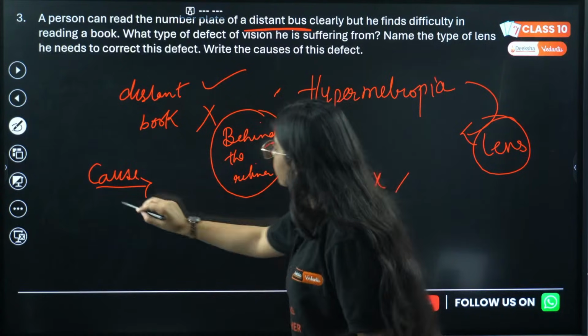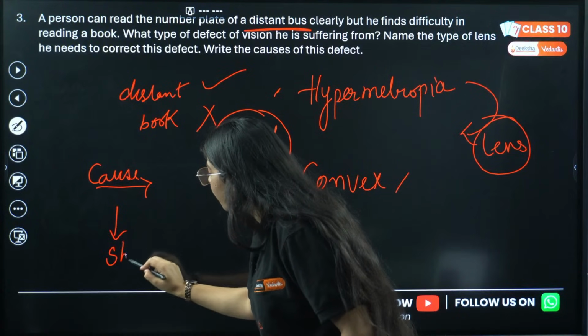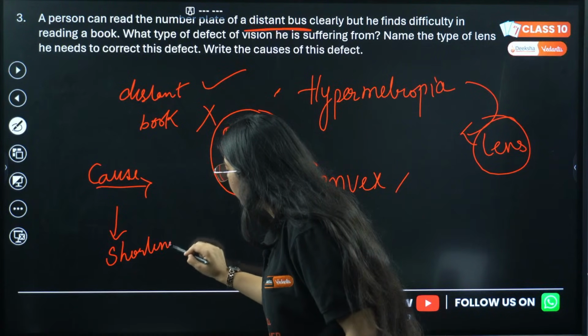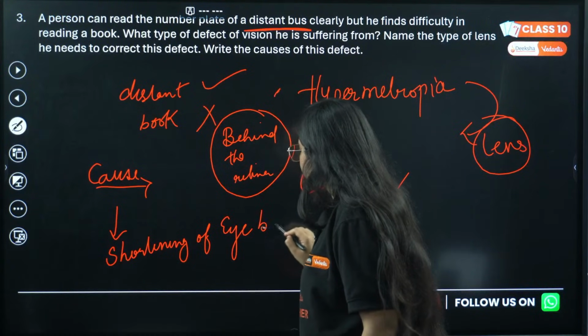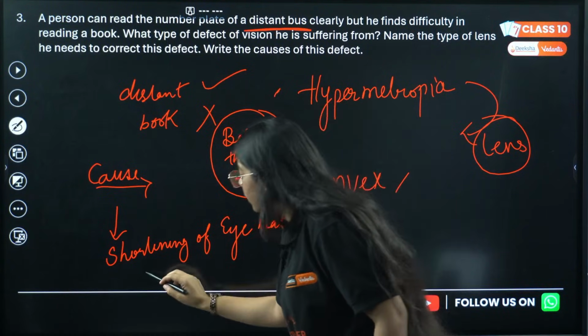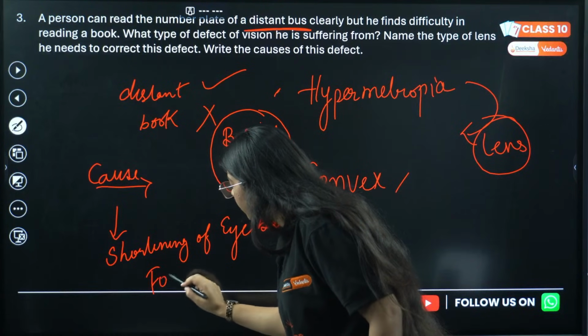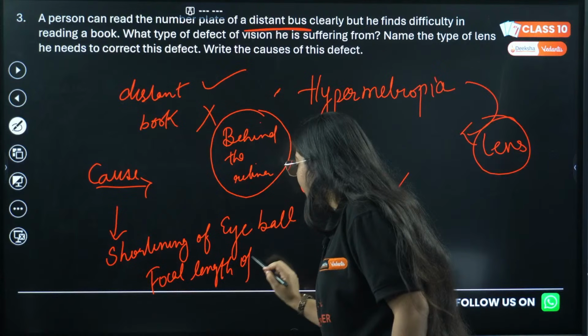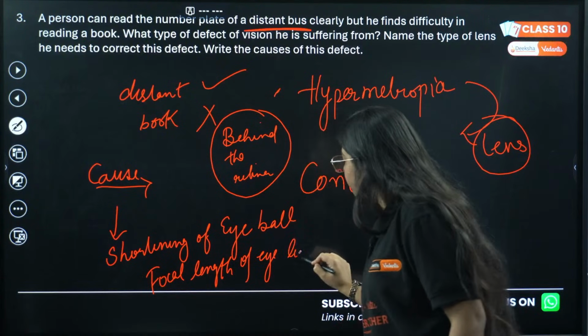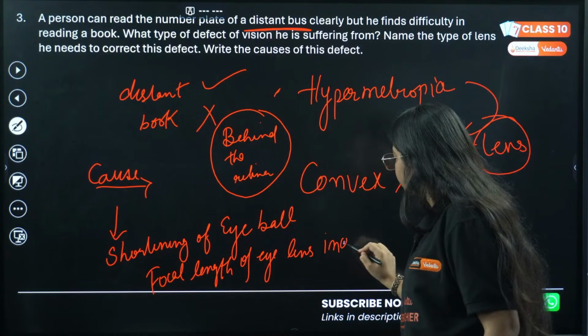So the causes will be shortening of the eyeball, or the focal length of the eye lens increases. Correct?